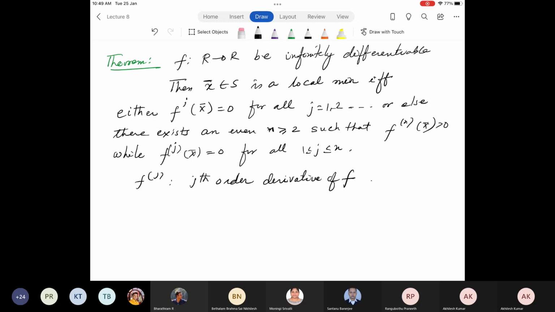Let's try to understand this theorem using this example. So I want to minimize f(x) = (x squared minus 1) whole cube. Is it okay, guys? Go ahead, try whatever you have learned so far and see what is happening.